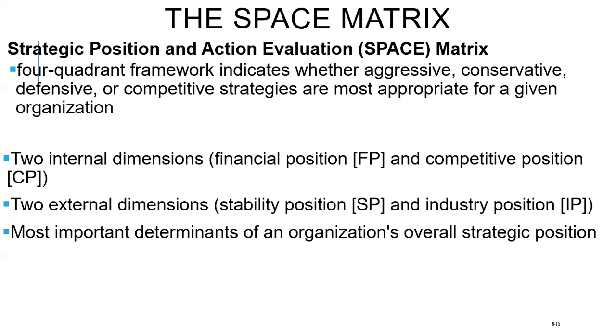And they are construed to be very much important in the determination of the most appropriate strategy to pursue. So the financial position of an organization metric of the SPACE matrix seeks to measure the financial strengths or financial health or well-being of an organization.